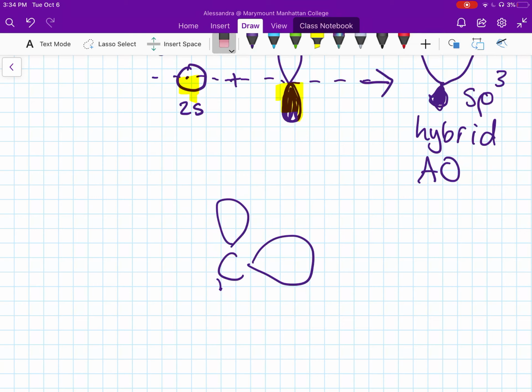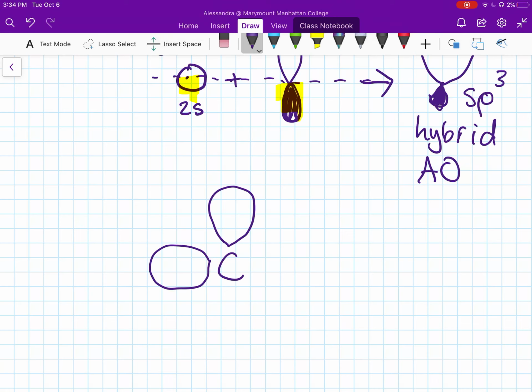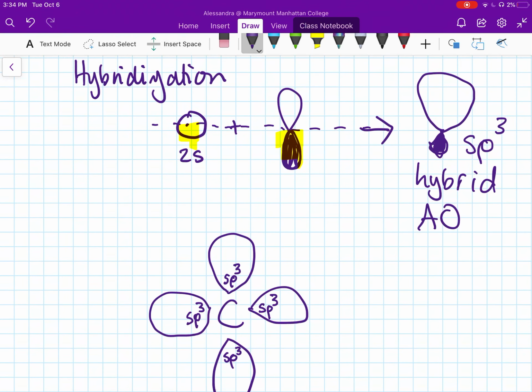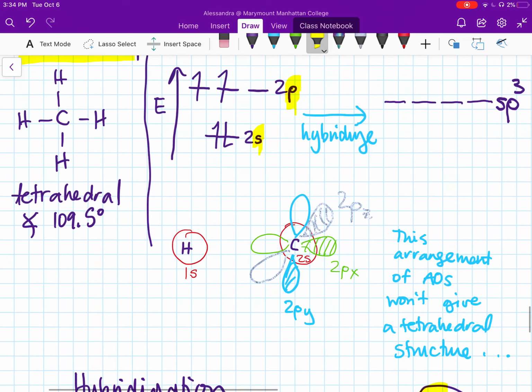Let me draw that in a slightly neater way. So I'm going to have four hybrid sp3 orbitals. So each of these is one of the four hybrid sp3 orbitals. And just for simplicity, I'm only drawing the larger lobe here. And I'm leaving out the little shrunken lobe that came from the destructive interference.